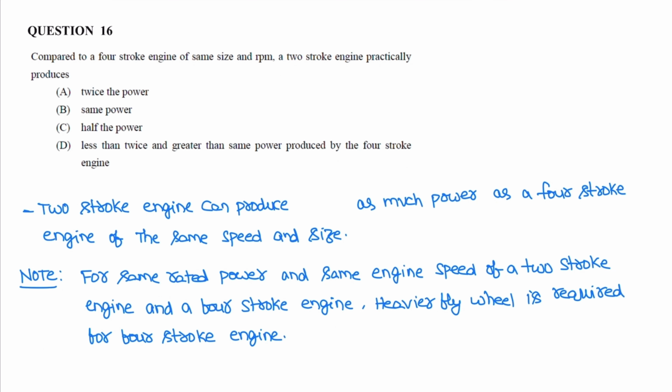Next question. Compared to four-stroke engine of same size and RPM, this two-stroke engine practically produces. So two-stroke engine can produce twice as much power as four-stroke engine of same speed and size, but practically it is less than twice and greater than the same amount of power produced by the four-stroke engine.